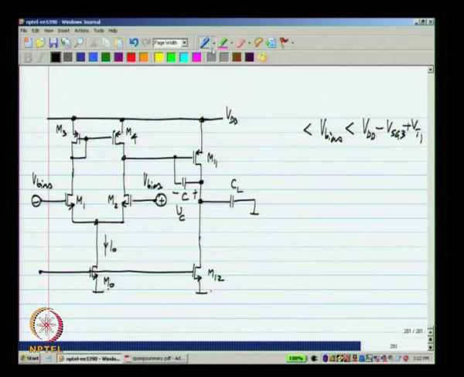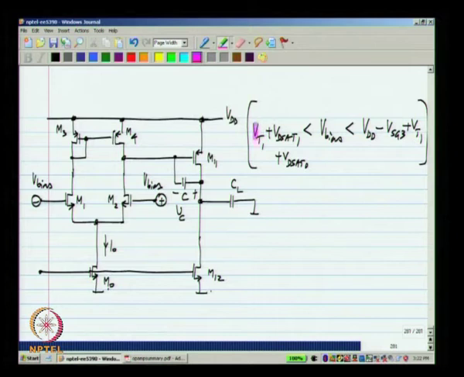And the minimum value would be the overdrive voltage that is required across M0 to keep it in saturation region plus the VGS of M1, that will be VT1 plus VDsat1 plus VDsat0. Okay. You can see that it goes very close to VDD, but somewhat far away from the ground. Okay.